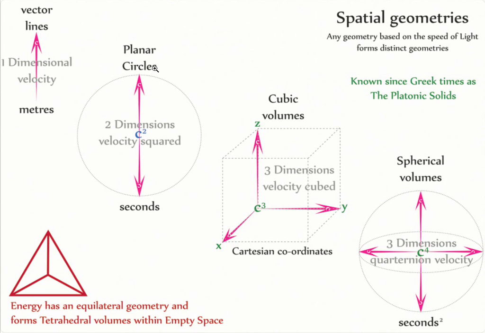But importantly, despite the radial geometries of c squared and c to the fourth, all mass energy matter is equilateral, or comprised of equilateral geometries. And it's these equilateral mass energy matter geometries and their motions within any region of a spatial coordinate system that gives us our measurements, or our physics.